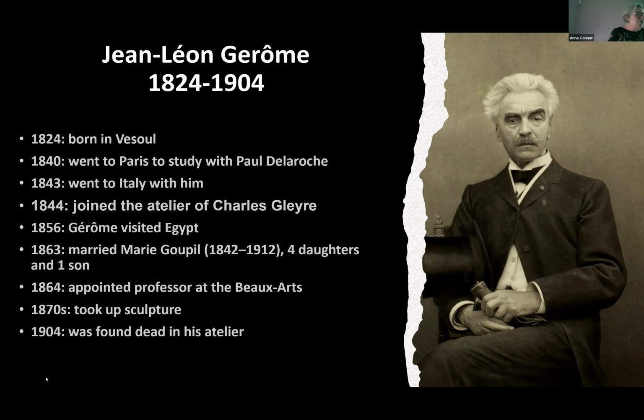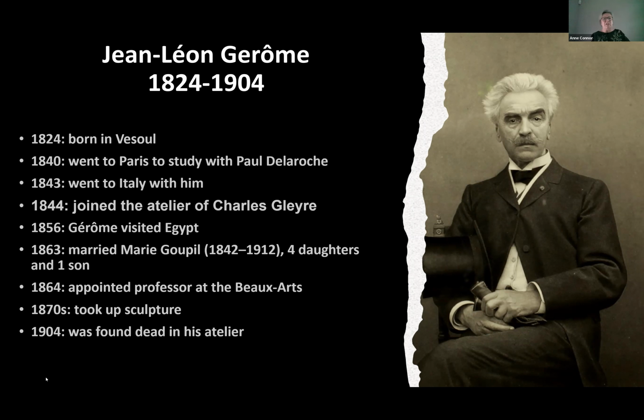So Gerome was born in Vesoul, which is in northern France, in 1824. He went to Paris in 1840 to study with Paul Delaroche, who was a known teacher at that time. Went to Italy with him in 1843, and then joined the atelier of Charles Gleyre, who was one of these satellite art schools around the academy.